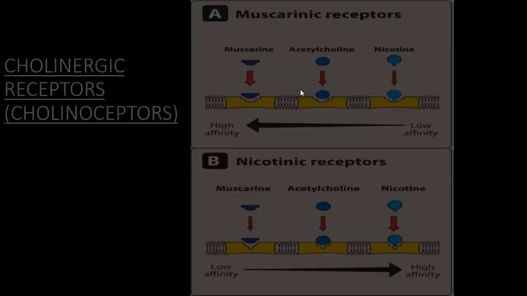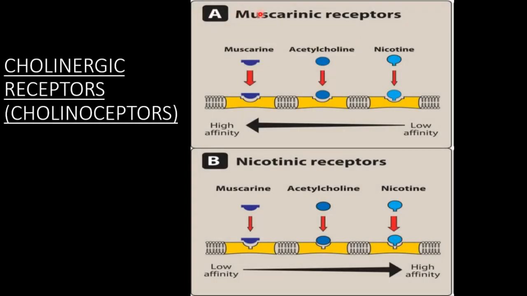So let's continue. Cholinergic receptors are of two types: they can either be muscarinic or nicotinic. Now muscarinic, there are 5 types, M1 through to M5.